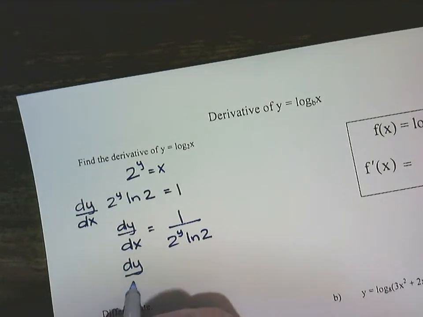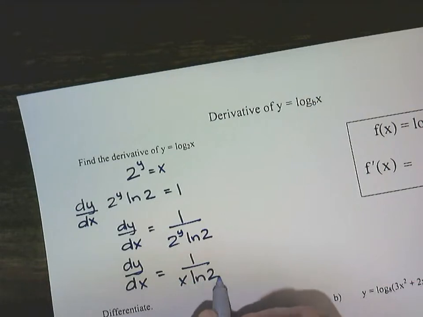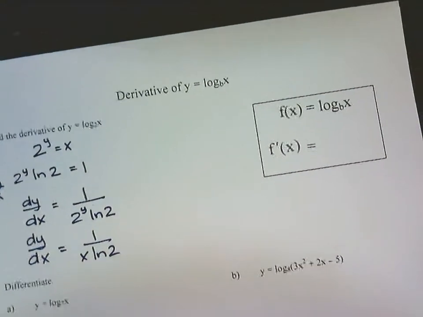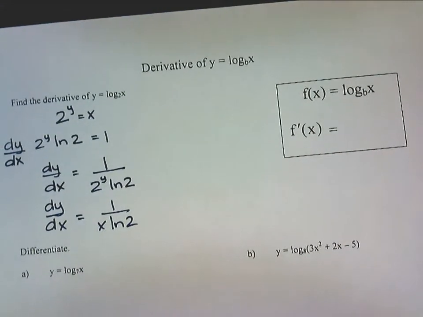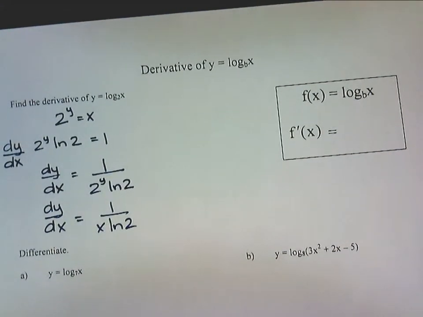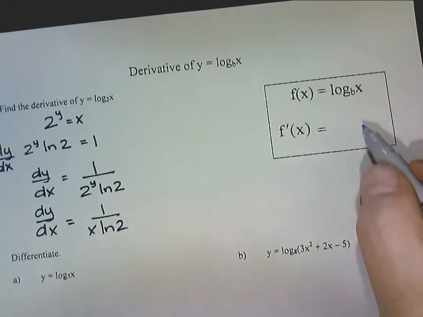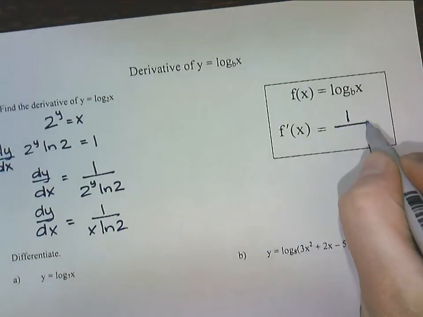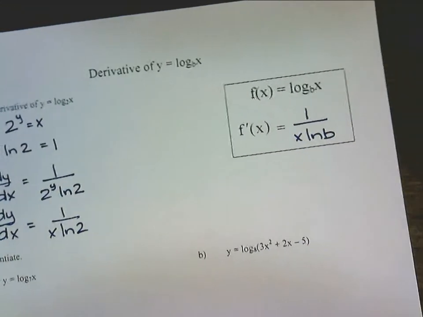So I have dy by dx is equal to 1 over x ln 2. So if we're going to put this into a general form, well, now it's just base b. So I can say the derivative is 1 over x ln b.